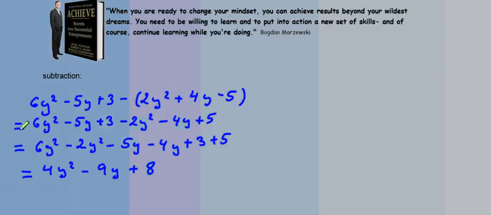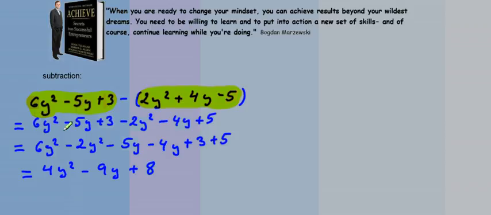How to subtract polynomials. So another example. This trinomial, take away, so please note it is shown in brackets. 2y squared plus 4y minus 5 is to be taken away from 6y squared minus 5y plus 3.